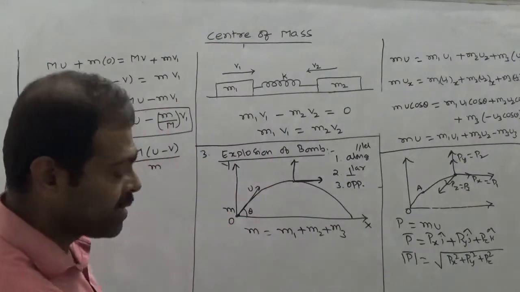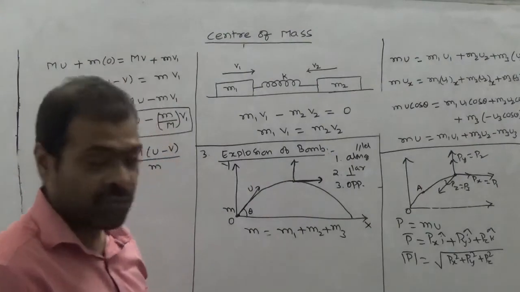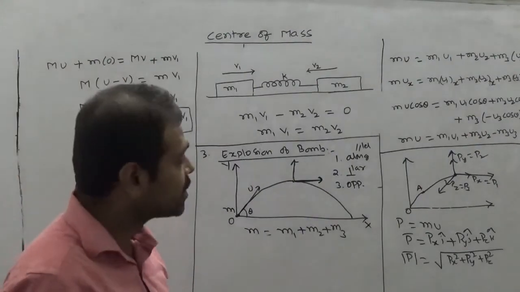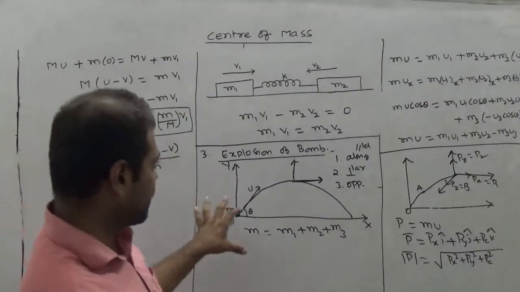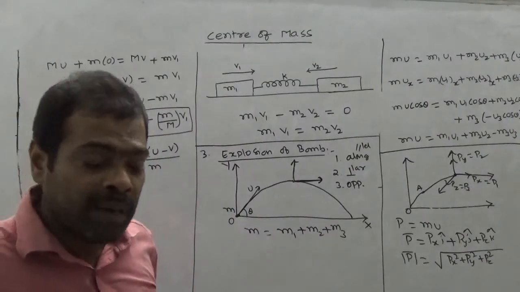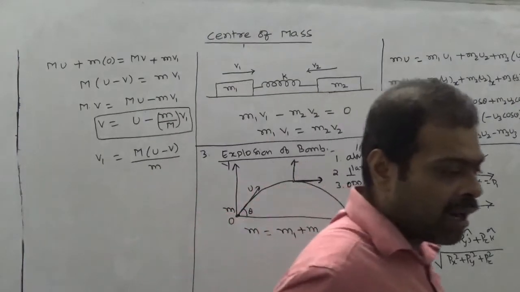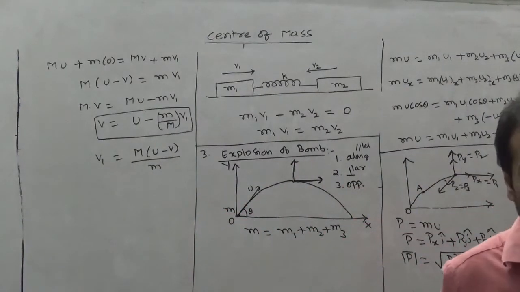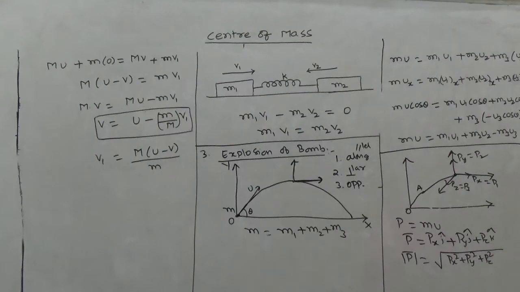Like this we will find the momentum or velocity of any fragment, or we can find the resultant momentum.